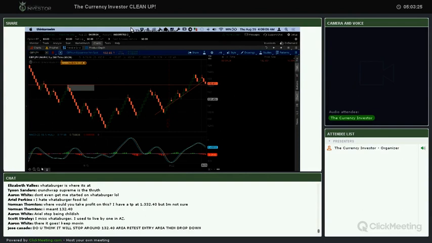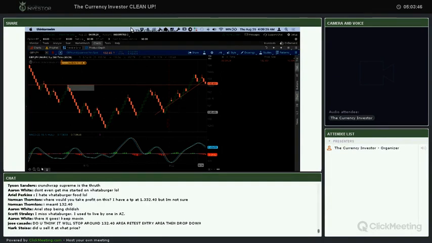If we can get a drop all the way back down to this level to meet these orders down here, or actually even here, 132.78 and 132.76.